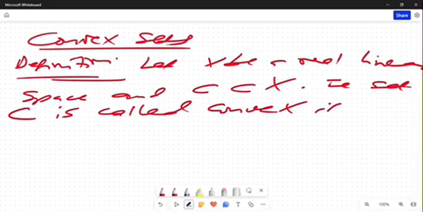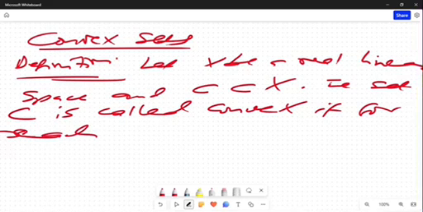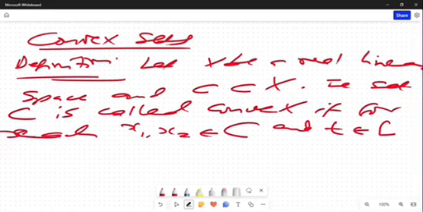if you pick up any 2 points, x1, for example, x1 and x2 in that set C, and a particular scalar t from the segment 0, 1.